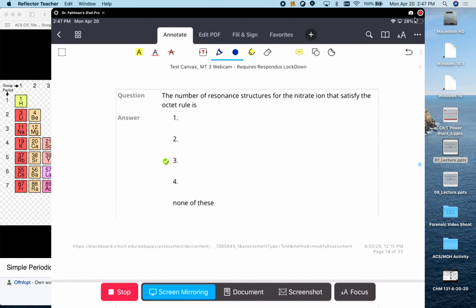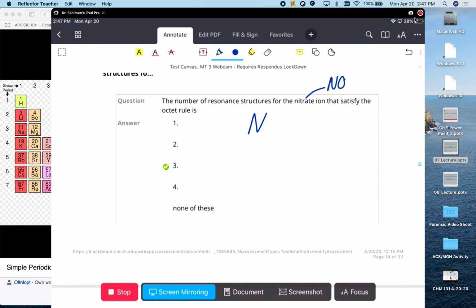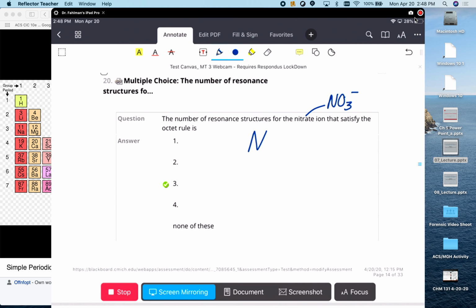Number of resonance structures for nitrate ion. We did this in final review. Nitrate is NO3 minus. How many valence electrons? 24 valence electrons.